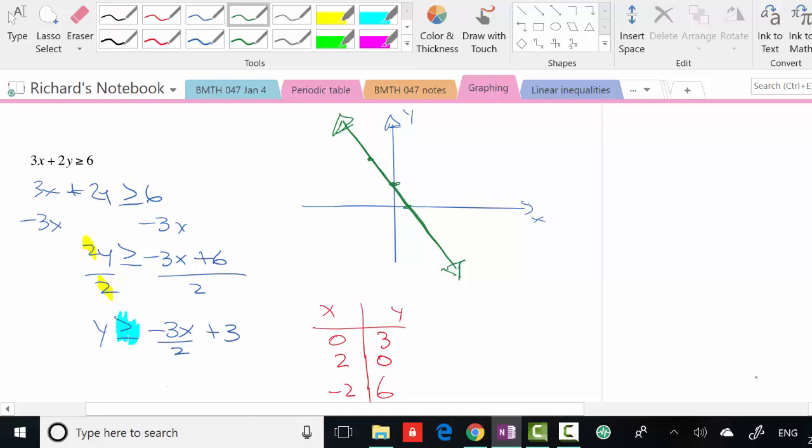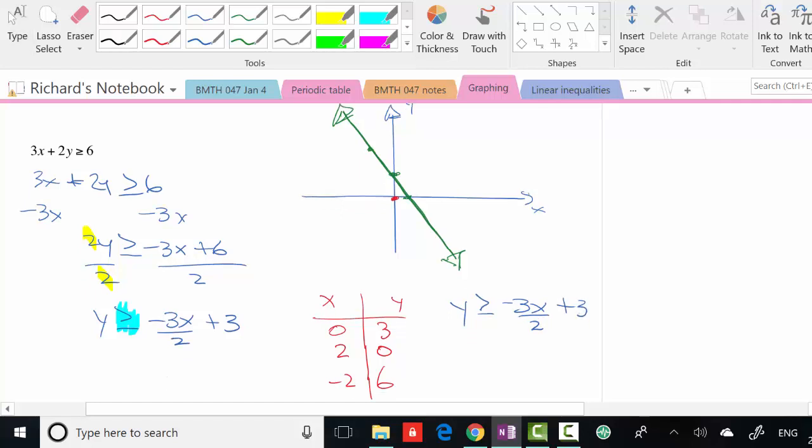Now that I've got a graph of the boundary line, I'm going to include a test point. I'm going to use the test point 0, 0 and see if that test point makes the inequality true or not. Let's try that out. Here is the inequality. y is greater than or equal to minus 3x over 2 plus 3.